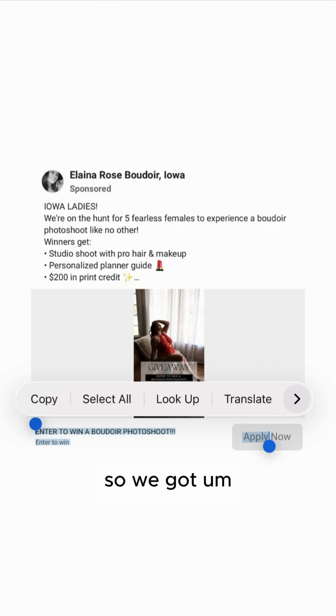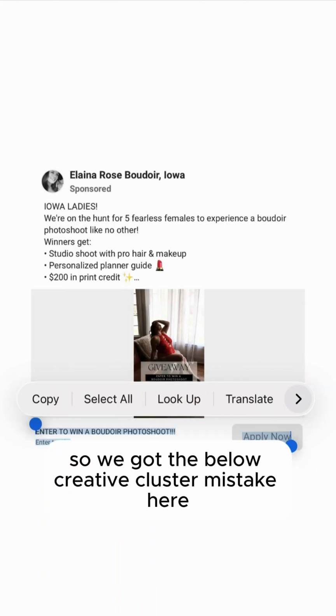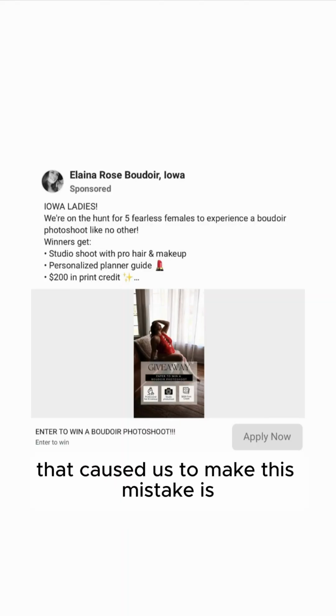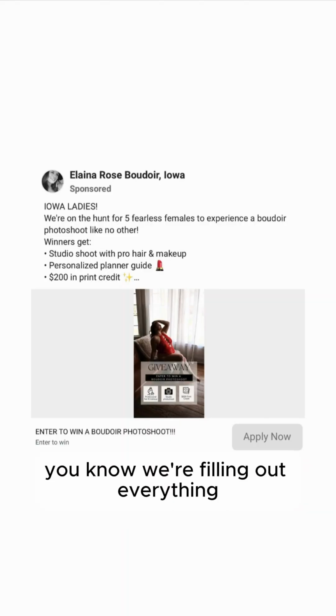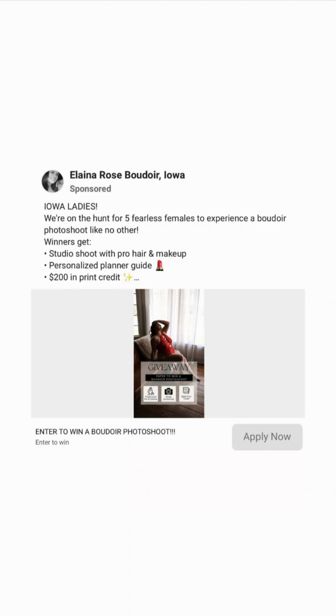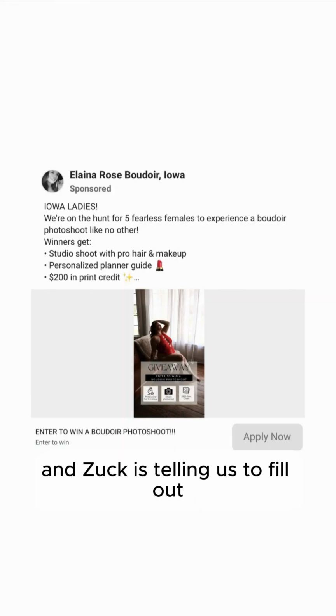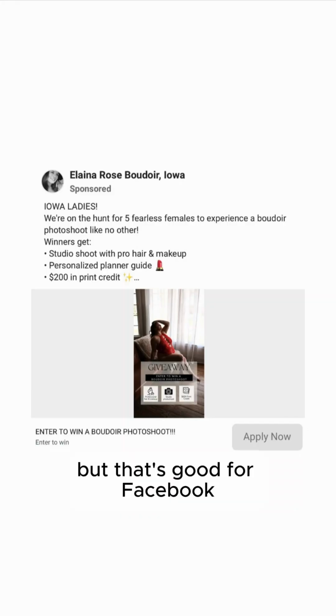So we got the below creative cluster mistake here. The false belief that caused us to make this mistake is, we're filling out everything in the Boudoir Facebook Ads Manager that Zuck is telling us to fill out. But that's good for Facebook. It's bad for us.